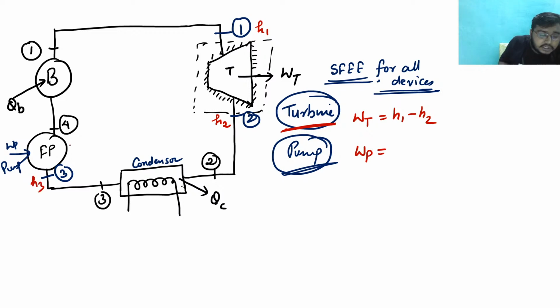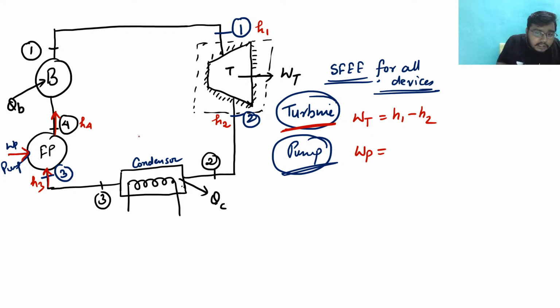Enthalpy associated with state 3 is H3, and enthalpy associated with state 4 is H4. So you are giving work. Suppose H3 is being fed, WP is being fed, and H4 is out.